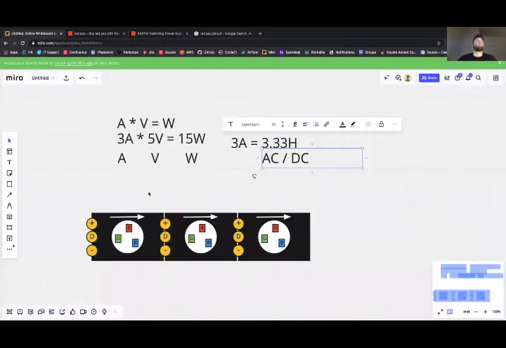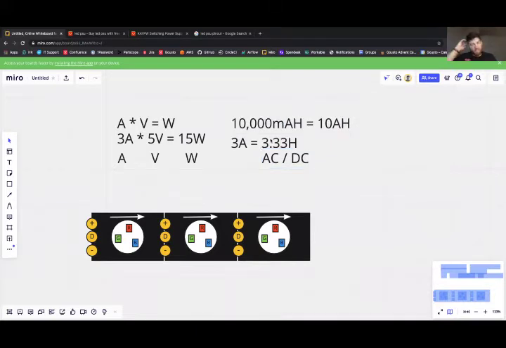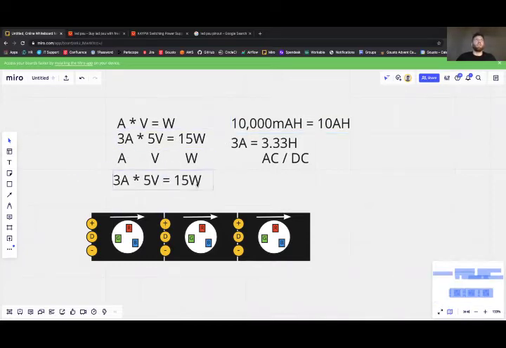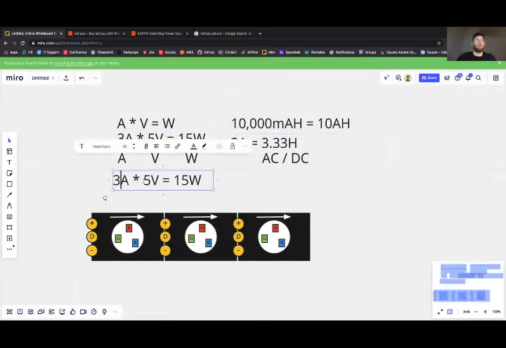Okay, so let's do one more calculation, which is the input into one of these transformers. So if we know that A times V equals W, and we live in a country that operates, let's say, 240 volts alternating current out of the mains.